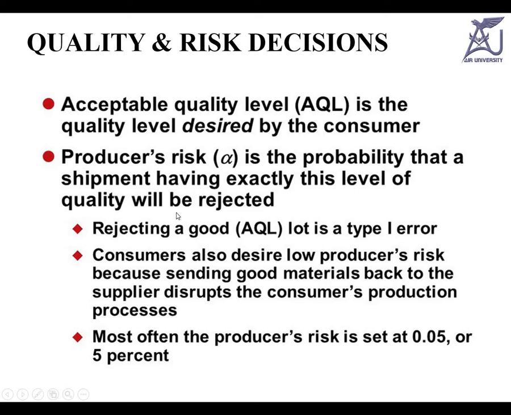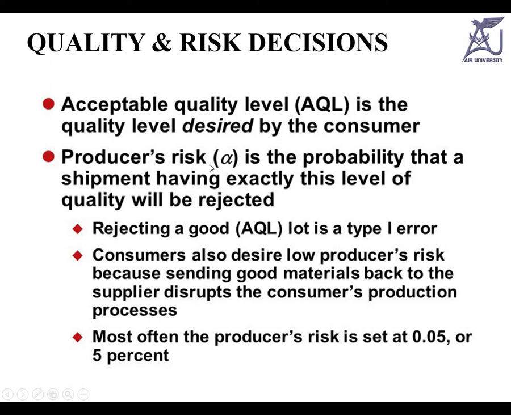So that means if you are rejecting a good lot, having just equal to AQL fraction defective, and you are rejecting it, that means you are rejecting a lot which is in fact a type 1 error, or you can say you are in fact giving a very huge loss to the producer. So we can call it the producer risk.